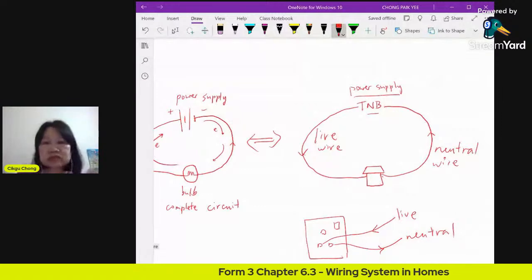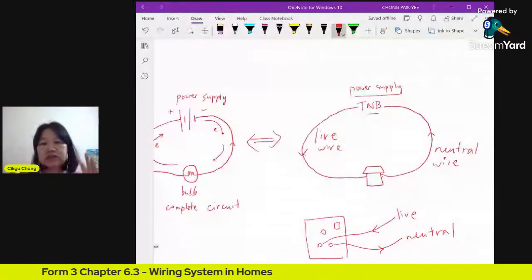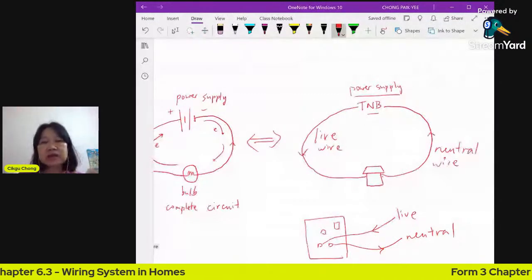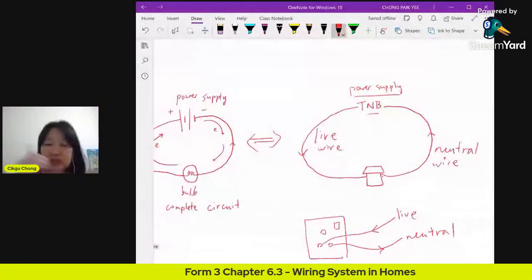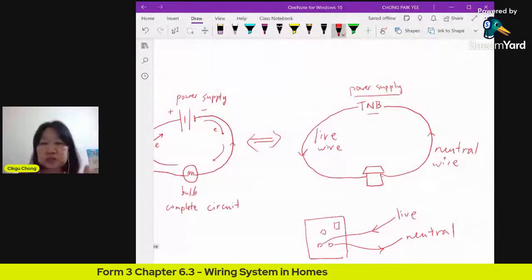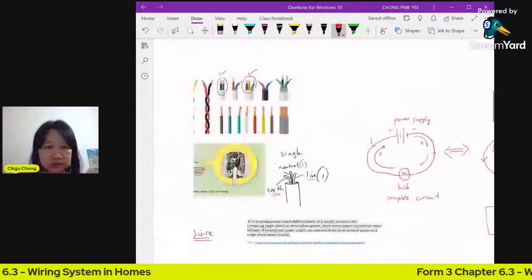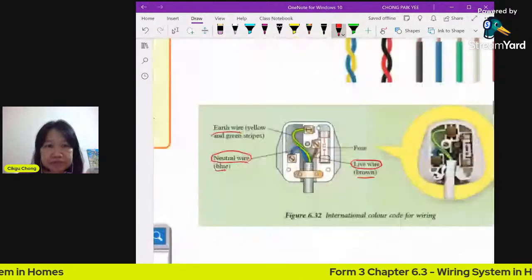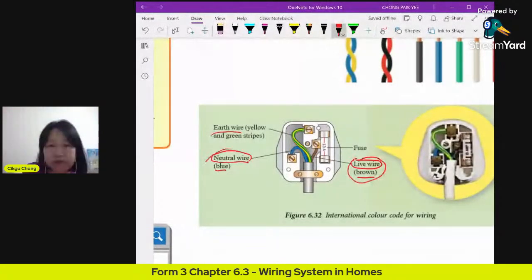So you need to have live and neutral. This is the minimum that you need before you can use your electrical device. You need to be connected to the live wire and also to the neutral wire. You need both. So if you look back at this diagram, any socket will have a minimum of a live wire and a neutral wire.